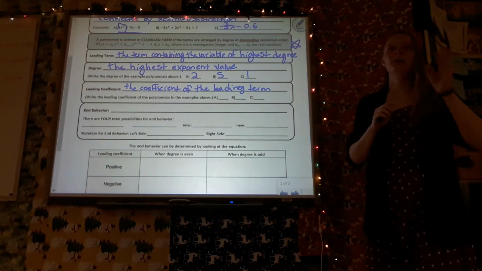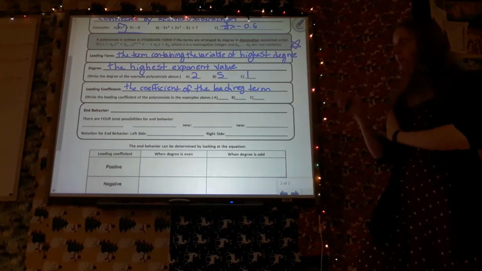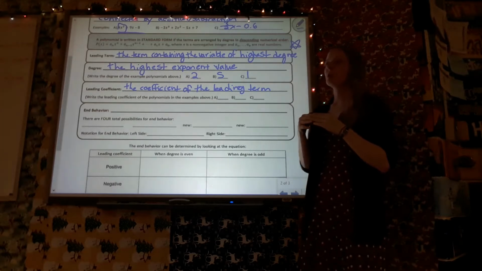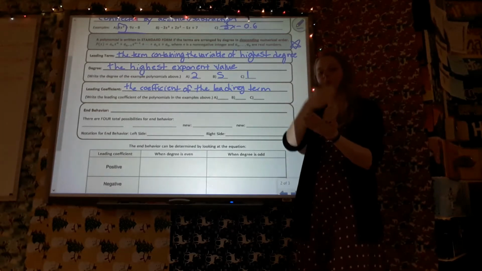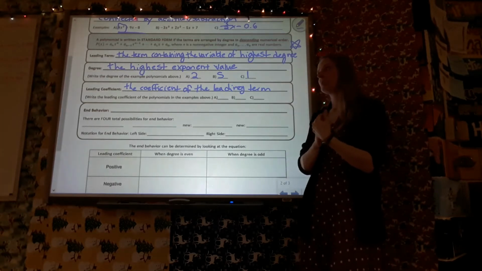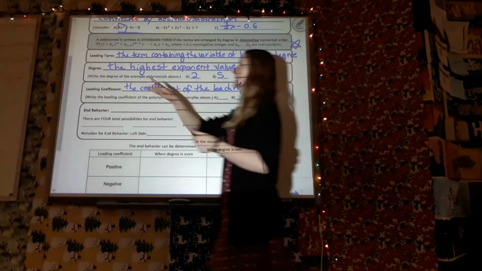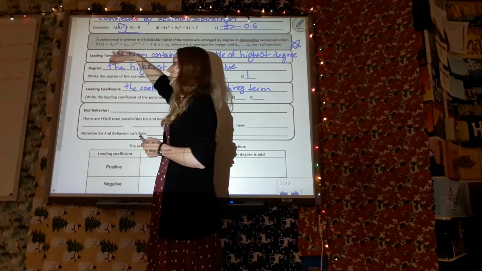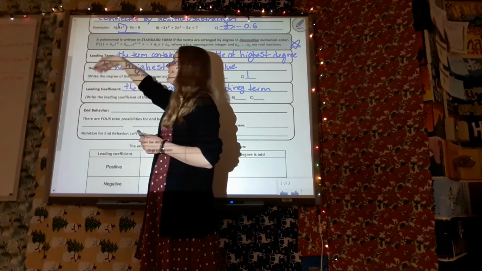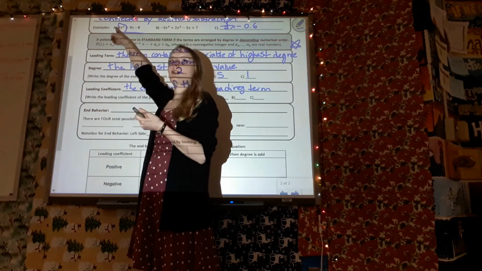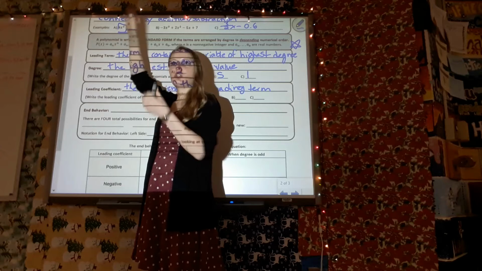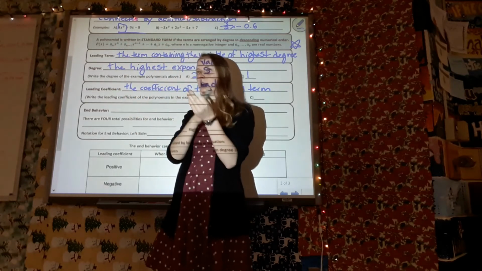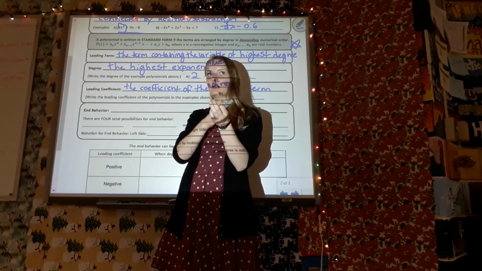Now there's an important thing to know between these, because I always get kids mixing these up. The leading term is the entire term. It includes the coefficient and the variable. So when I ask you for the leading term, I want you to say the whole thing, like 4x squared. That's the leading term. But if I ask for the leading coefficient, that's just the 4. Does that make sense? The term is the whole thing. The coefficient is just the number in front. Does everybody understand the difference?